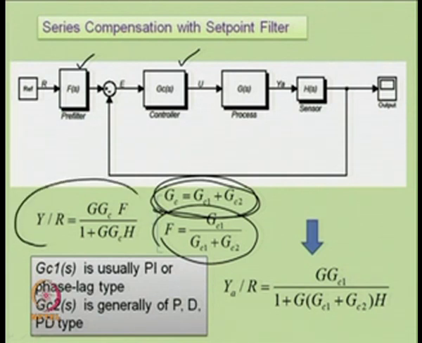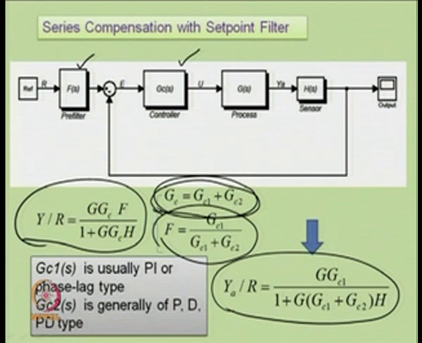the closed loop transfer function from this scheme becomes G GC1 upon 1 plus G times GC1 plus GC2 H(s). That is exactly what we have got from the series feedback compensation scheme. So, this compensation scheme or control structure is not different from the series feedback compensation scheme; rather it has been redrawn in this typical fashion.